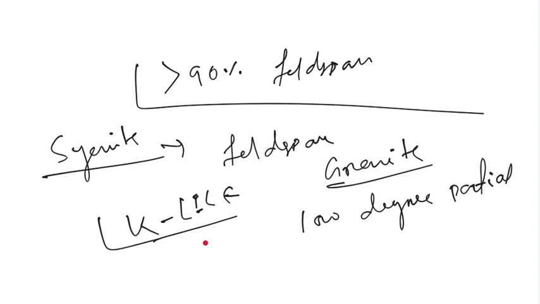So if there is a granite rock and it starts partial melting, then even if only a little melt is there, potassium is a very incompatible element, so it will all go into the melt. So with a low degree of partial melting, only a very small amount of liquid was there, so all the potassium will be concentrated in that melt, and that melt will go and intrude, and that will give rise to the syenitic composition. Okay, if it undergoes a high degree of partial melting, what will happen?